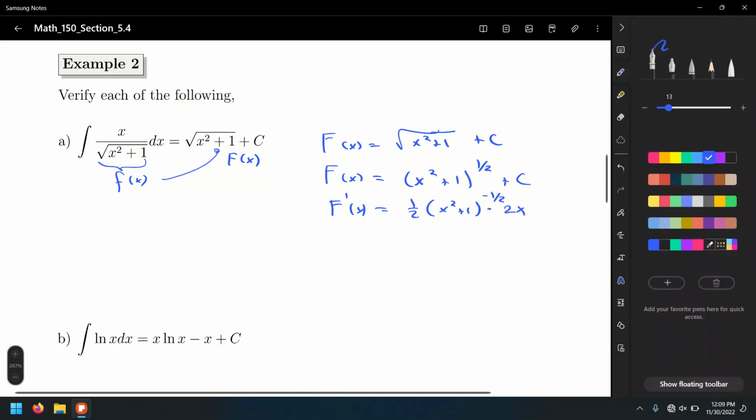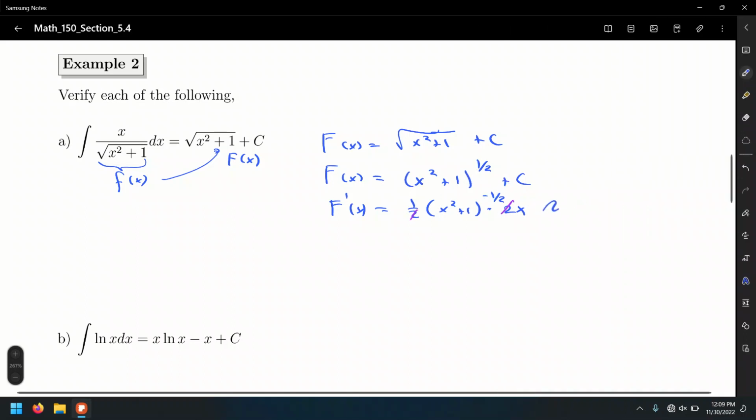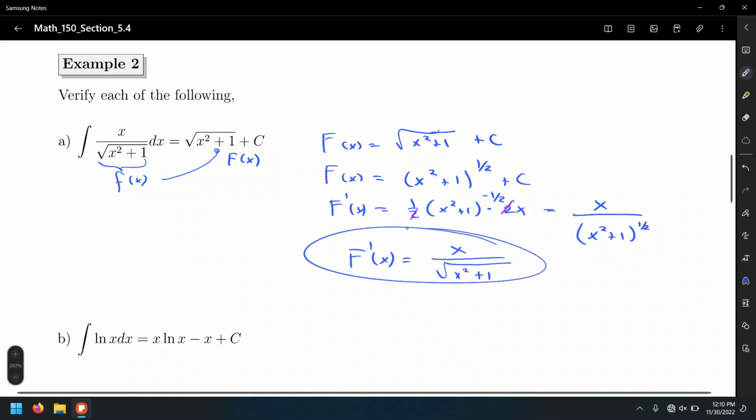And in this case, you can see how these 2's get canceled. And I'm going to write this as x over this quantity with positive exponent. And this is big F prime. That's x over the square root of x squared plus 1, which indeed matches what we have in the integrand.